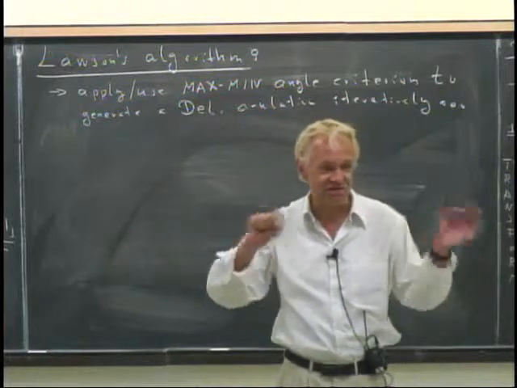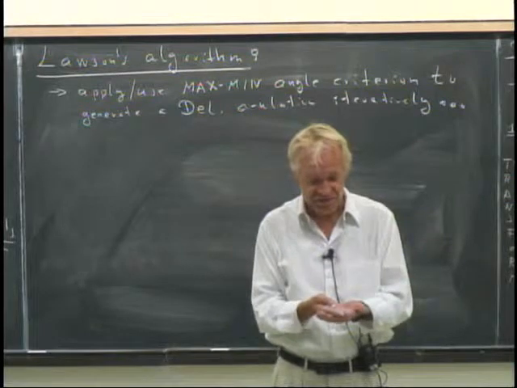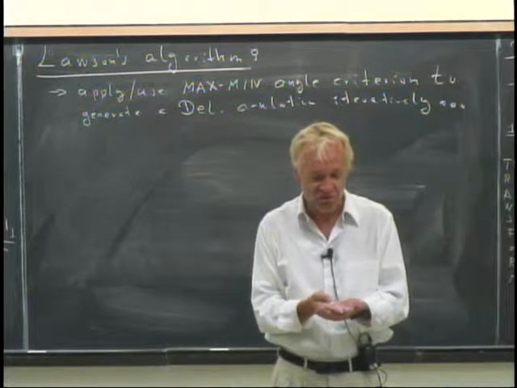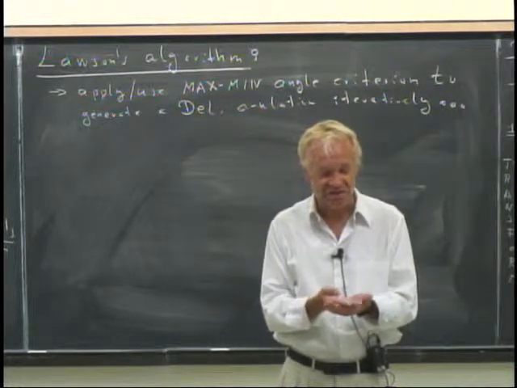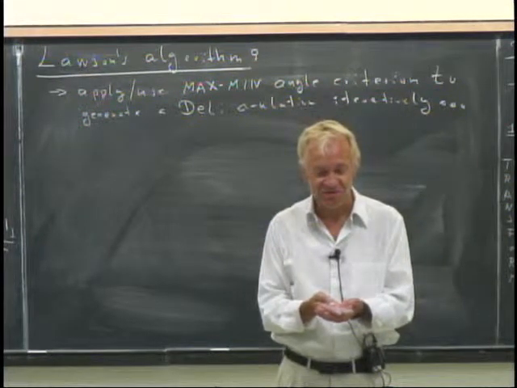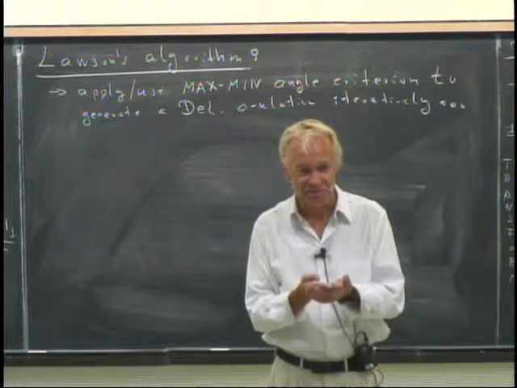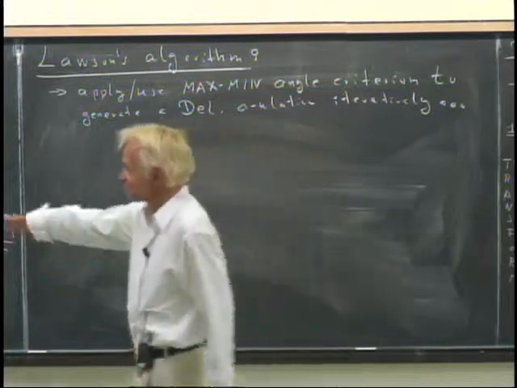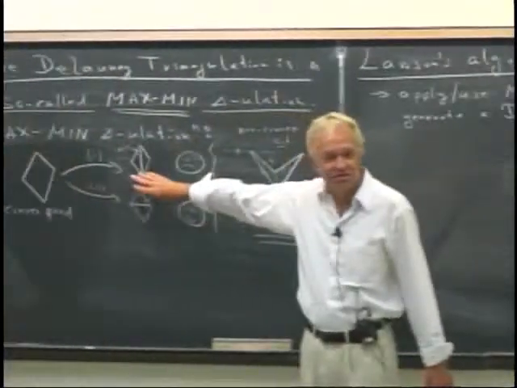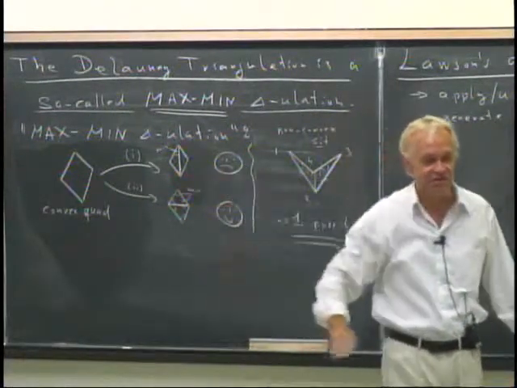It's just another way to define Delaunay behavior. So again, if I have a max-min or Delaunay triangulation and I insert the next point, then I want to make sure that after the insertion, the new triangulation is still a max-min or Delaunay triangulation. I want to enforce it by using this decider. This decider always looks at quadrilateral configurations and makes sure that for the quads I use the best possible triangulation.